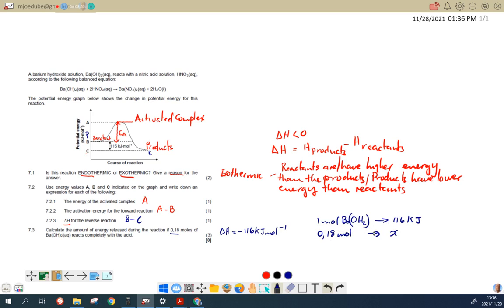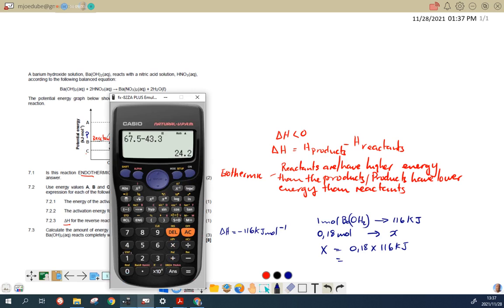So if you cross multiply, X, which is the amount of energy that's going to be produced by 0.18 moles, is going to be equal to 0.18 multiplied by 116 kJ. And when you put it into your calculator, it's 0.18 multiplied by 116.